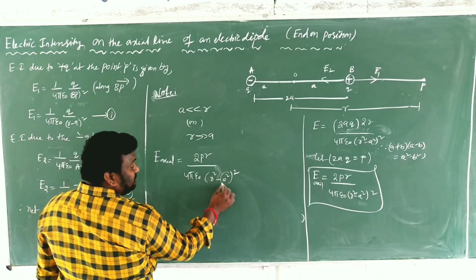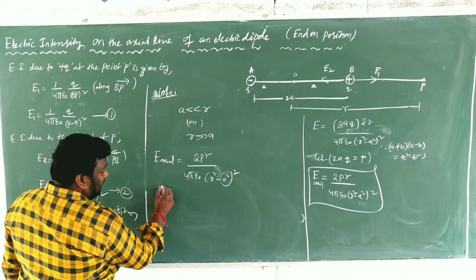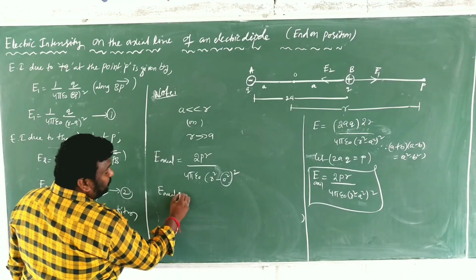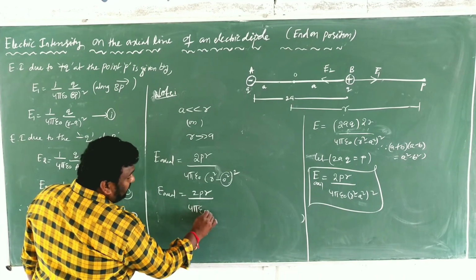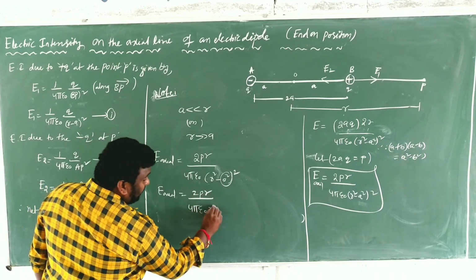So we are neglecting the term a. Then we get E axial is equal to 2pr by 4 pi epsilon naught into (r square) whole square.